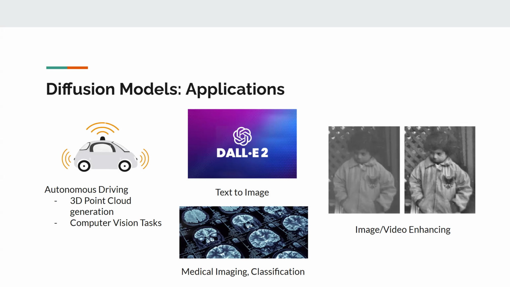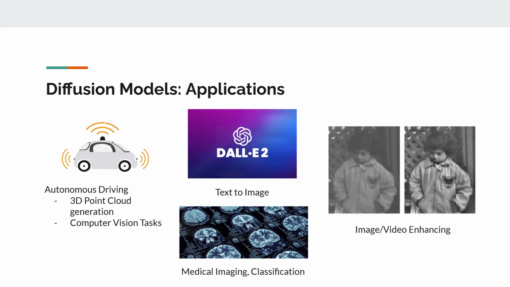I'm sure everyone knows the DALL-E 2 model from OpenAI, where you can give it a text prompt saying generate this picture for me, and it'll give you some sort of image that you want. They're also used in a lot of other computer vision tasks not related to autonomous driving, and one example is medical imaging or classification.